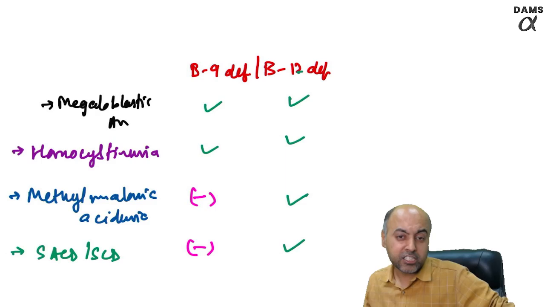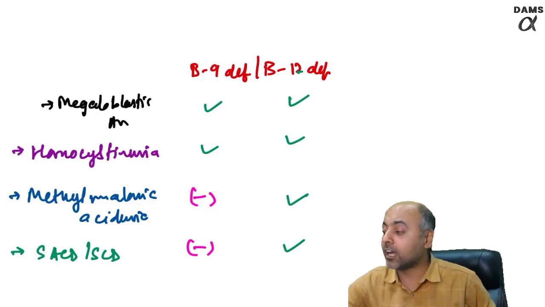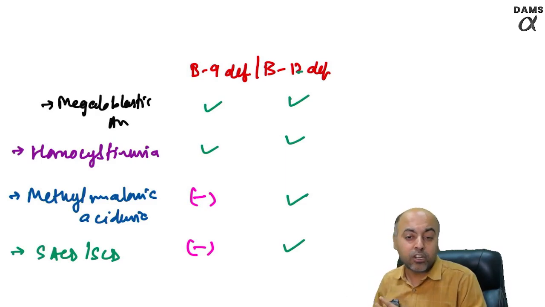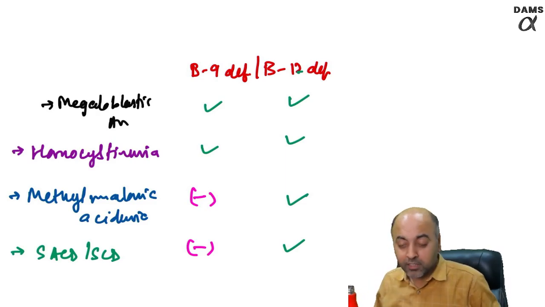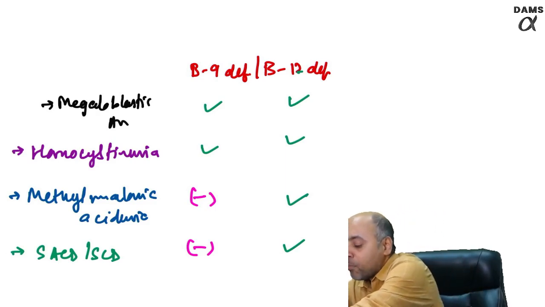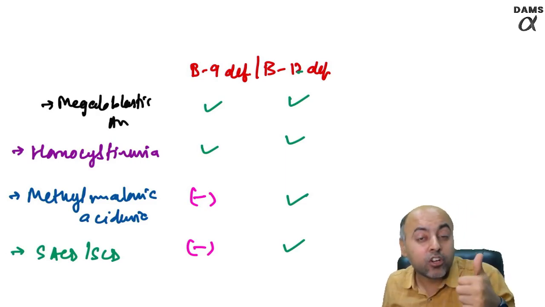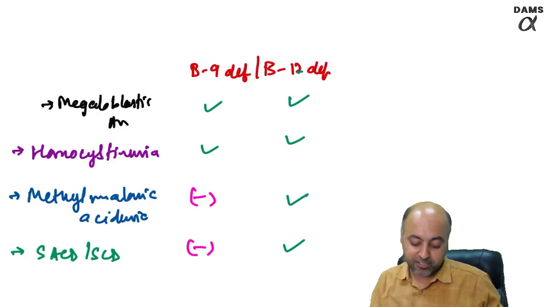So with the help of these four features, you are readily able to distinguish between B9 and B12 deficiency. Two important common features and two important differences. Methyl malonic aciduria only in B12 deficiency, and the neurological deficit only in B12 deficiency.